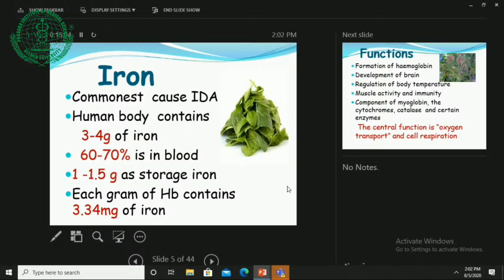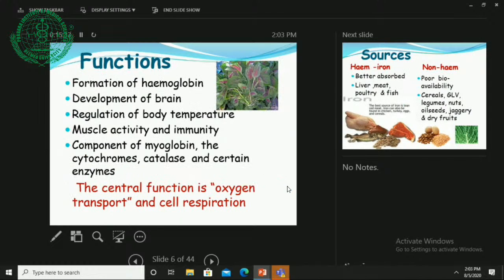There is a photograph of a green leaf vegetable, spinach. In the bad old days, we used to think that spinach is the richest source of iron. It contains iron, but many other green leaf vegetables are also good sources, like amaranth, fenugreek leaves, and radish leaves. So remember, not only spinach but other green leaf vegetables are also good sources of iron.